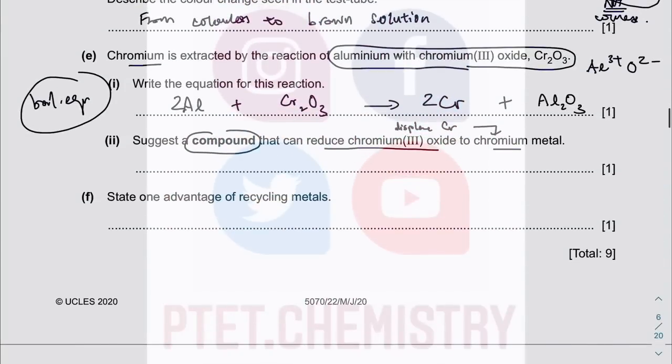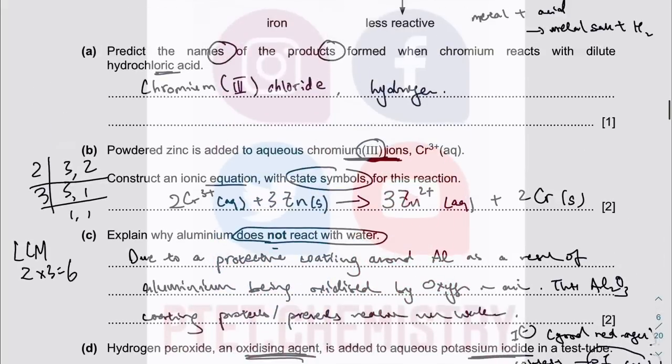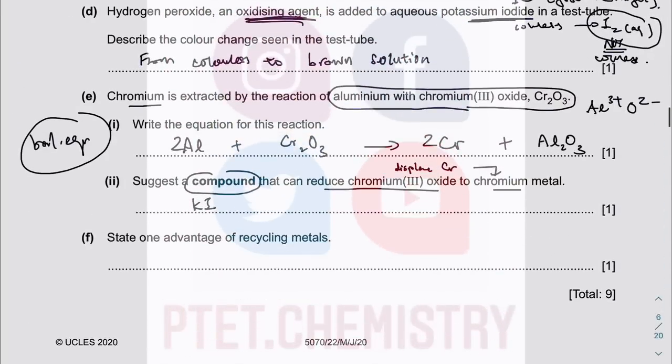So you need a compound. So you're doing reduction here. Yeah, I mean KI. This is a very strong reducing agent. So what you can do is a reducing agent can reduce this to chromium. I mean, potassium iodide is in front of you, right?